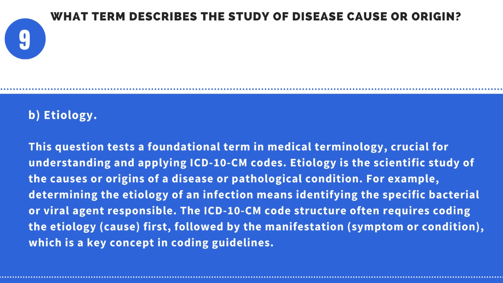Etiology is the scientific study of the causes or origins of a disease or pathological condition. For example, determining the etiology of an infection means identifying the specific bacterial or viral agent responsible. The ICD-10-CM code structure often requires coding the etiology, cause, first, followed by the manifestation, symptom, or condition, which is a key concept in coding guidelines.